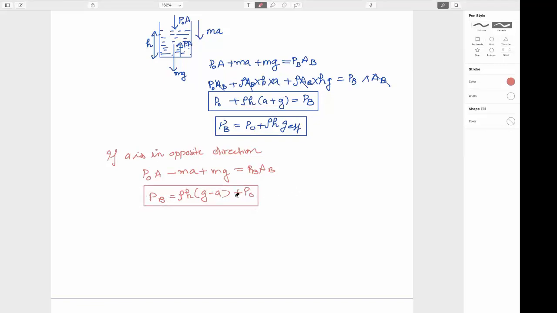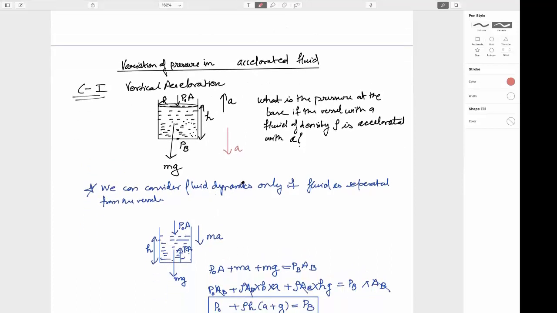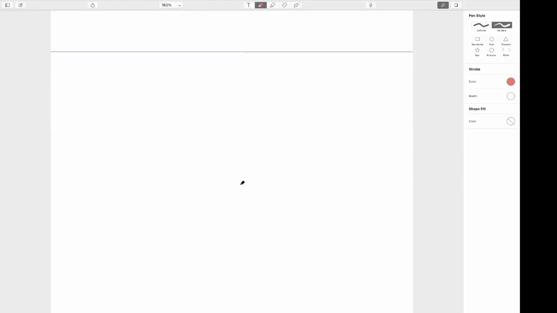Okay. So that is the variation of pressure in the accelerated fluid in the vertical direction. Let's take a second case, that is the horizontal direction.